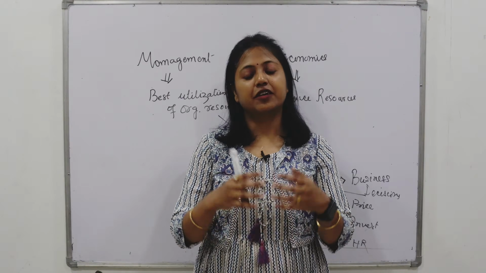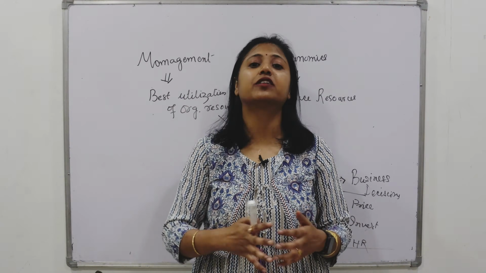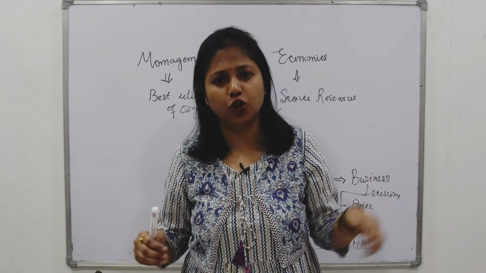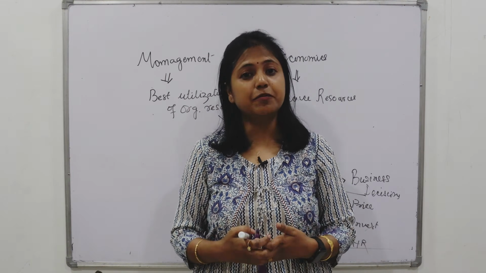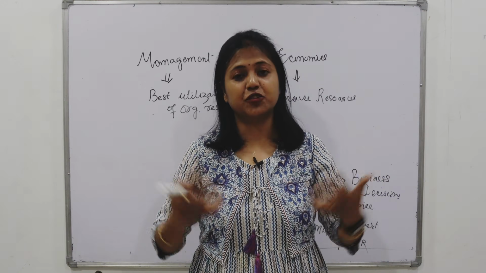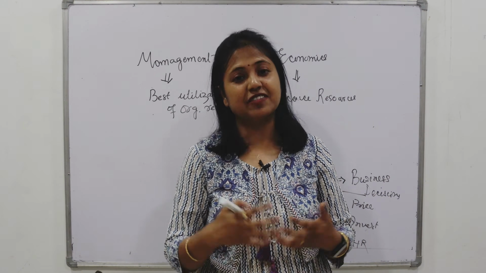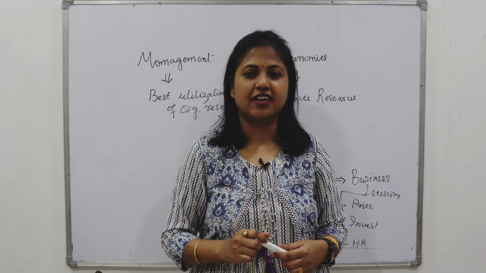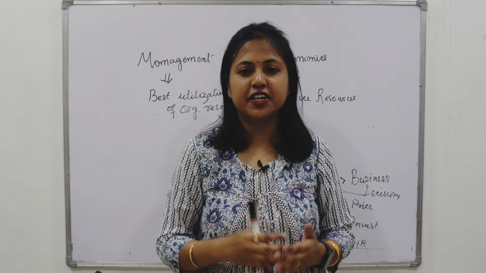But they were proved wrong in the Great Depression of the 1930s, where there was economic turmoil and this imbalance lasted for long. And then came an economist whose name is popular in the arena of economics, J.M. Keynes. He wrote a book in 1936, and the name of the book is General Theory of Employment, Interest and Money.